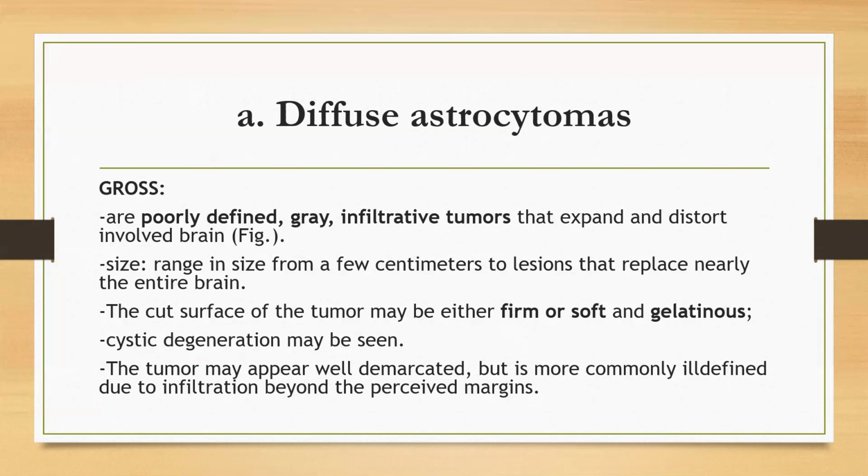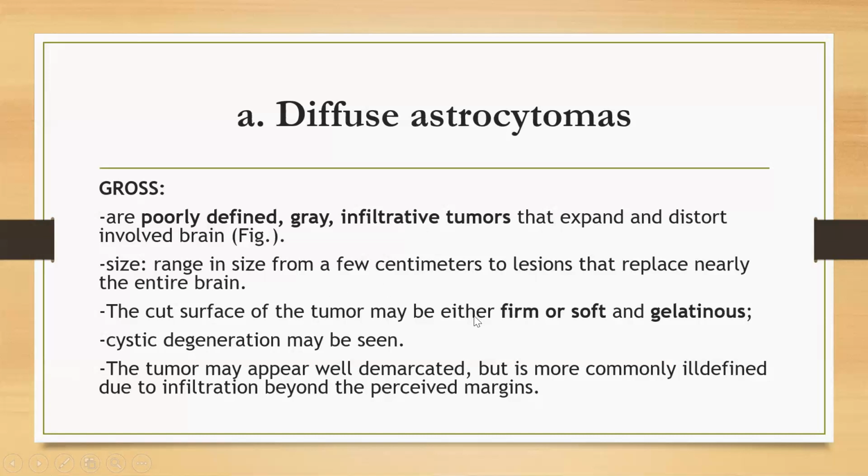In size, they range from a few centimeters to lesions that replace nearly the entire brain. Diffuse, as you can derive from the name itself, means poorly defined, gray, infiltrative tumor.